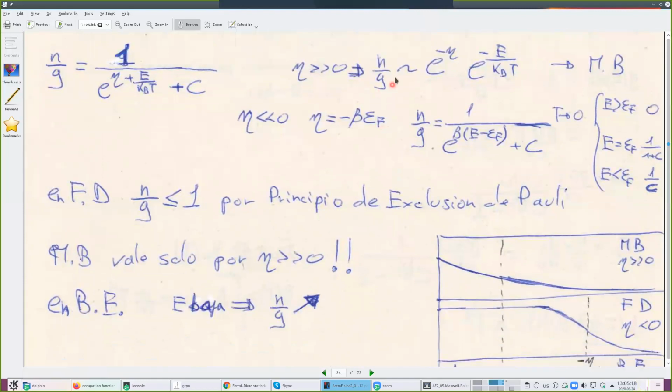As I explained before, if theta is greater, I'm going to the Maxwell-Boltzmann. If it's really small, we have the behavior of the Fermi-Dirac.